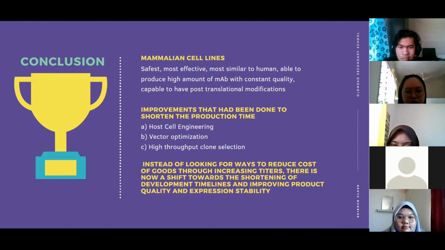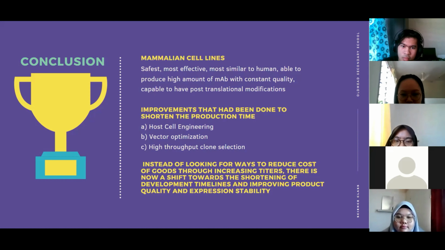And to summarize, there are 3 improvements that have been done to shorten the production time, which are host cell engineering, which involves the overexpression of the anti-apoptotic genes as well as downregulation of the pro-apoptotic genes.